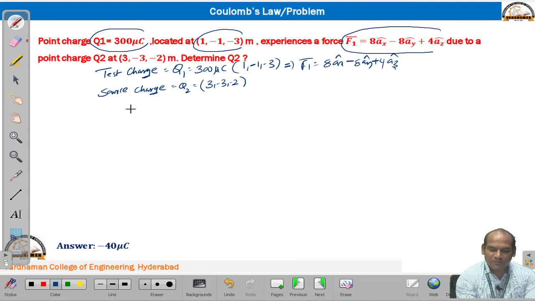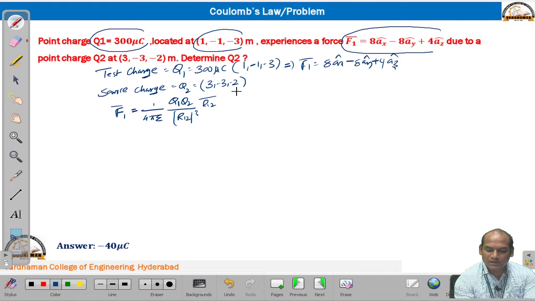So, one unknown thing, that is Q2, we can observe here easily. F1 bar is equal to, I am writing the formula first. They have given F1, so I am also taking F1 only. F1 bar is equal to 1 by 4 pi epsilon, Q1 Q2 by magnitude of R12 whole cube, into R12 bar. So, what is the R12 bar? First we will calculate that. R12 bar is equal to observation minus source.